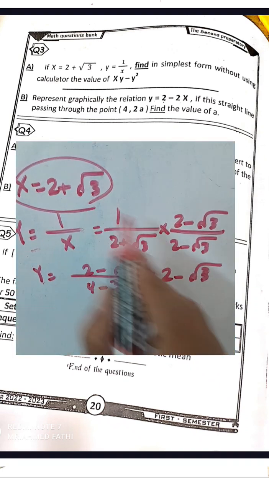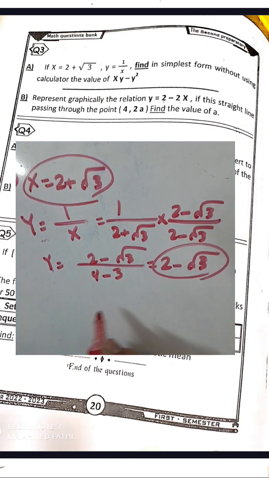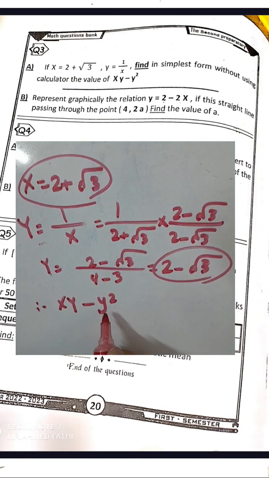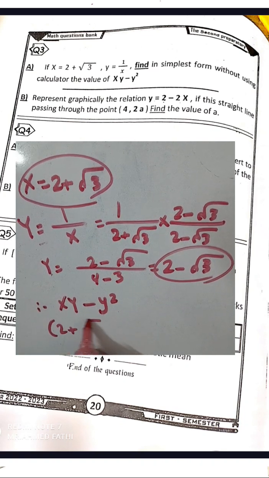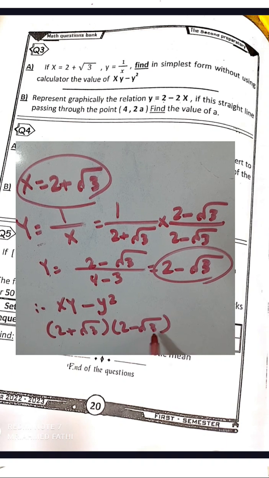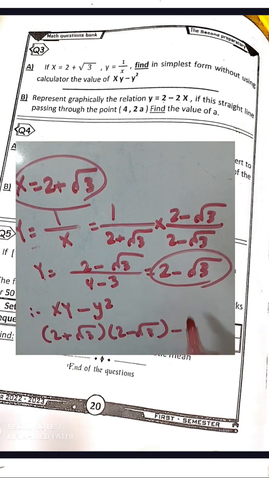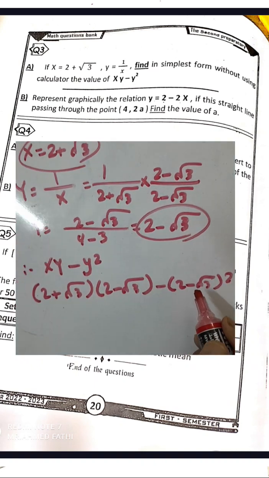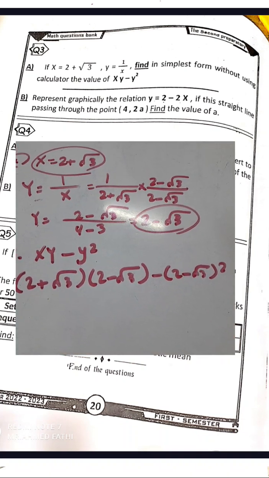We have x and y, and we call them conjugates. You want to find the value of x times y minus y squared. We can put the value of x here, 2 plus root 3 times 2 minus root 3, minus y squared, where y is 2 minus root 3 squared.